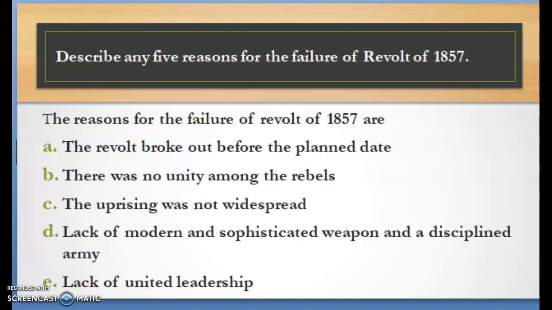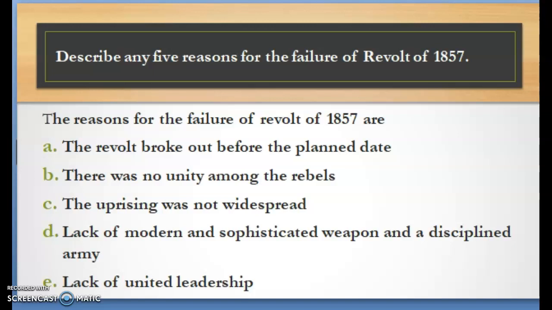Next, the uprising was not widespread. When we see the map of this revolt of 1857, we find that it was limited to North and Central India, like Bihar and Delhi. But the rest of the area was unaffected by this revolt. For example, the Sikhs of the Punjab region did not support the revolt.